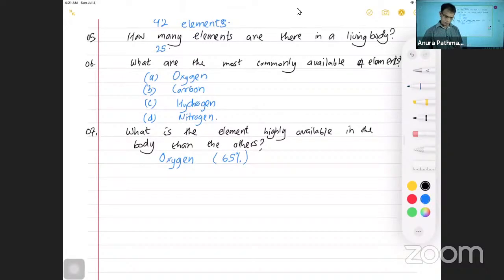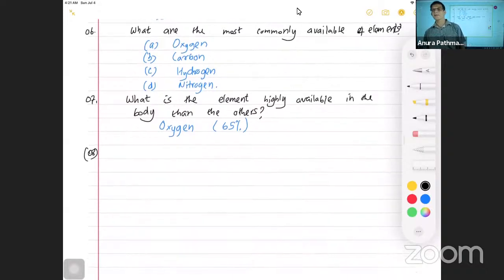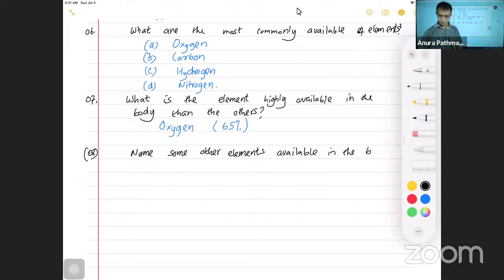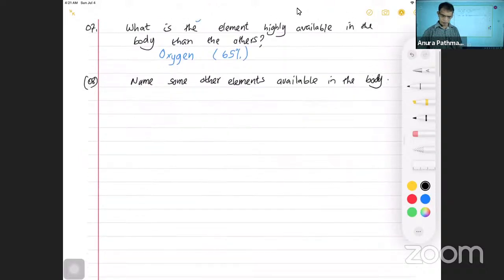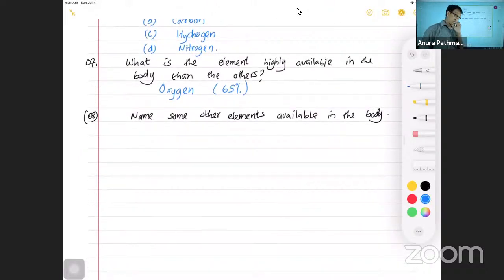My next question, question number 8: name some other elements available in the body.